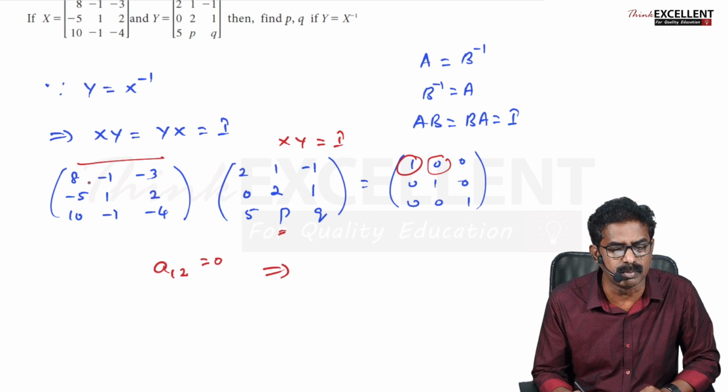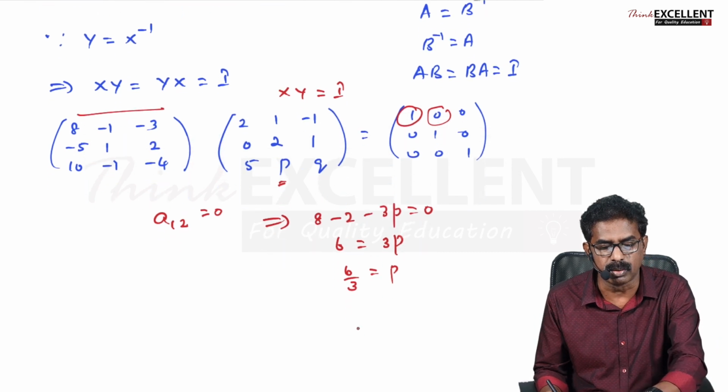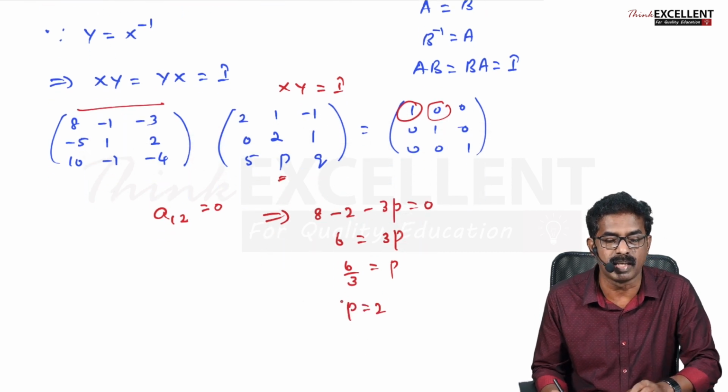First row into second column. 8 into 1, 8. Minus 1 into 2, it is minus 2. Minus 3 into P, minus 3P equal to 0. From here you will get it, right? 8 minus 2 is 6 equal to 3P, or P equal to 6 by 3. So P equal to 2. So P value, got it.